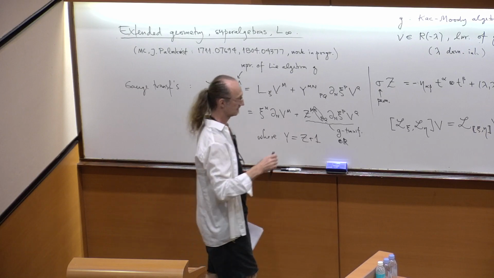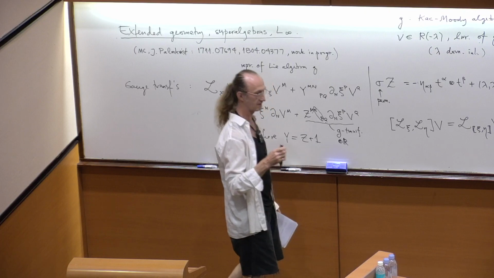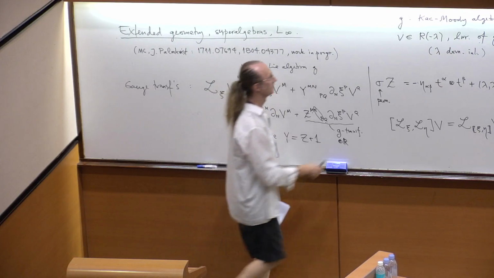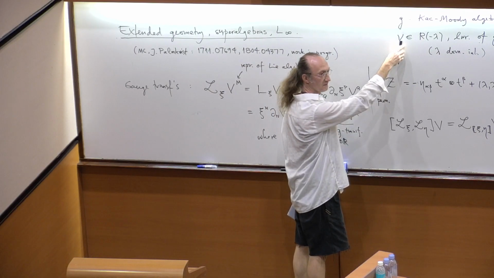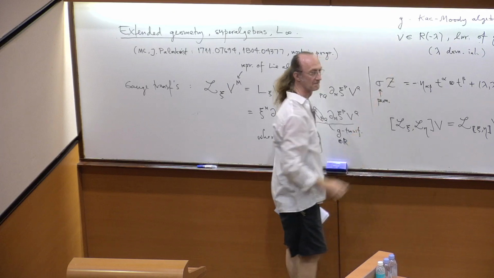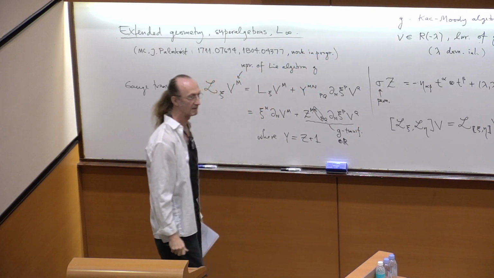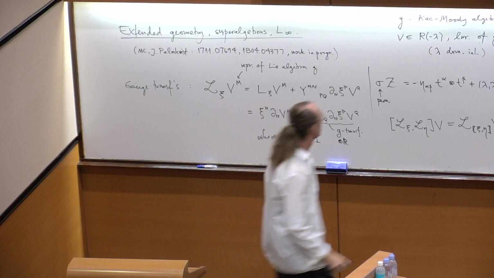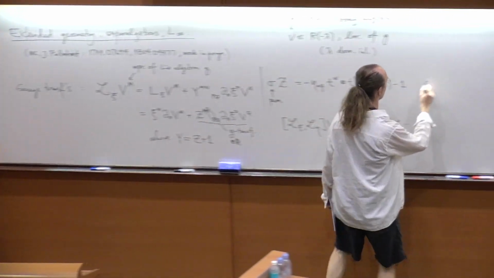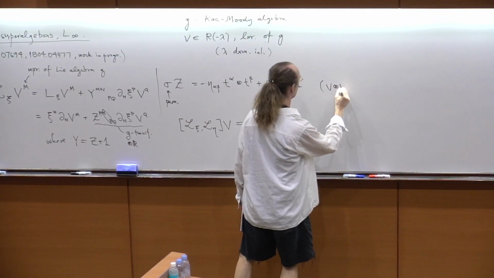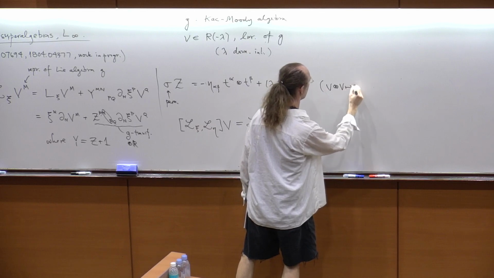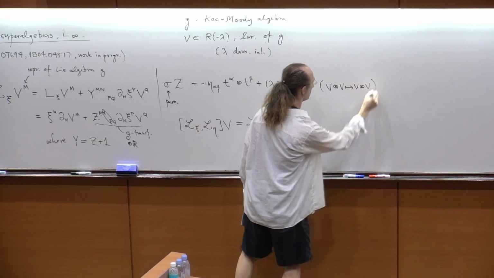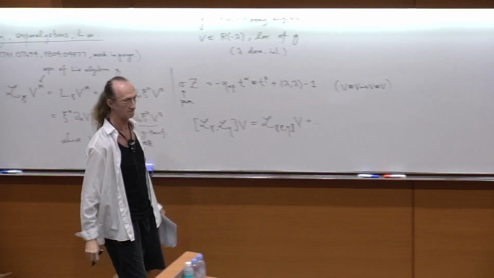Z is something that maps the tensor product of two such things on itself. Maps V tensor, okay, to upper to lower.